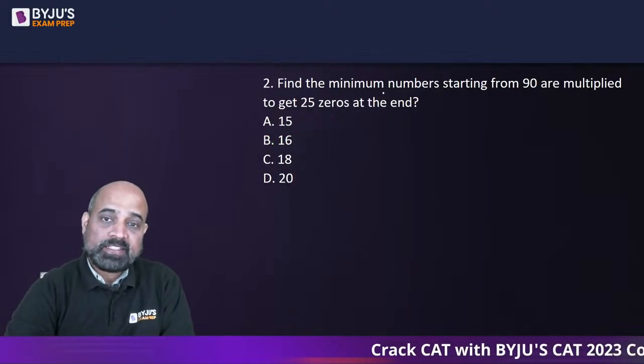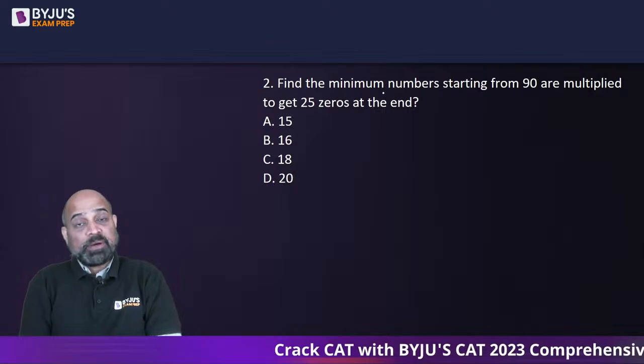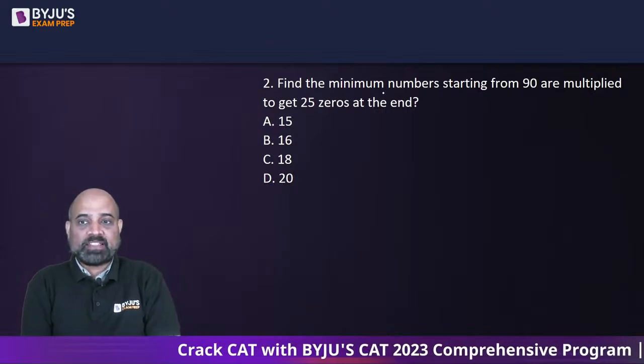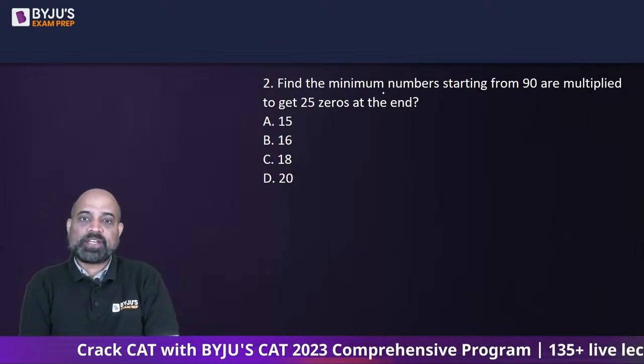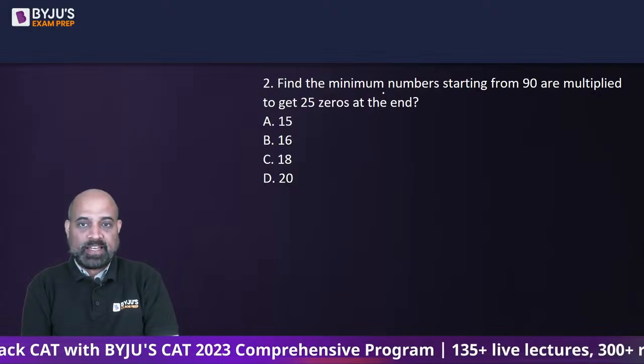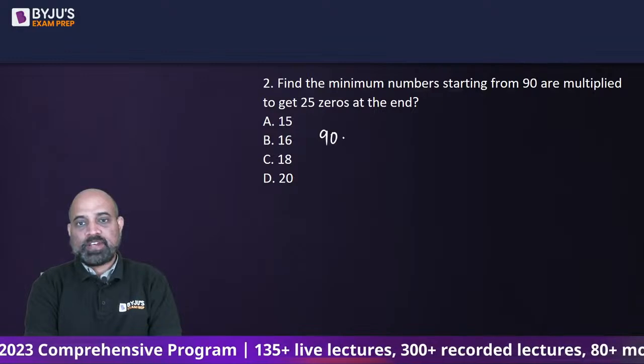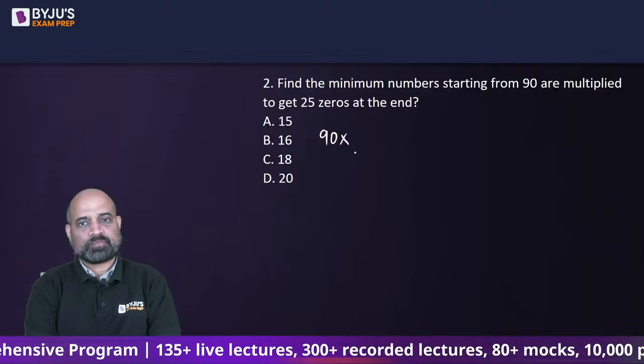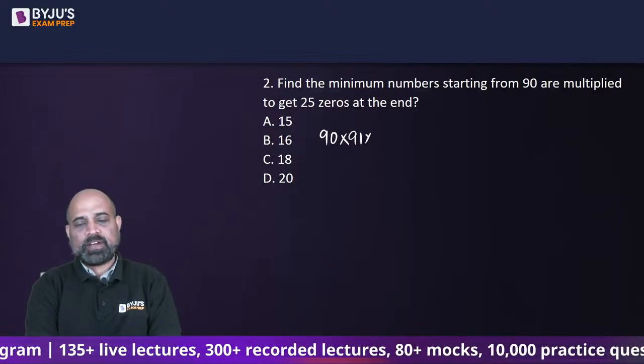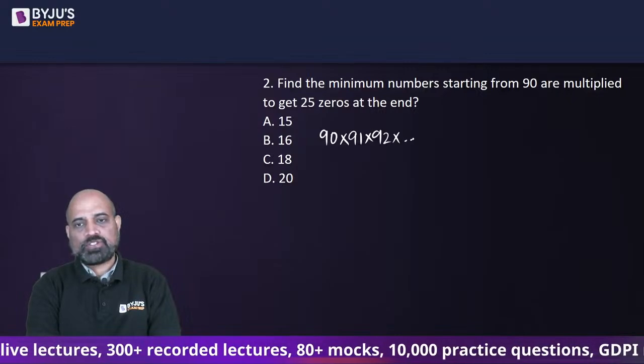Okay. The next one: find the minimum numbers, starting from 90, that are multiplied to get 25 zeros at the end. So we have 90, then we'll have 91, then we will have 92 and so on.